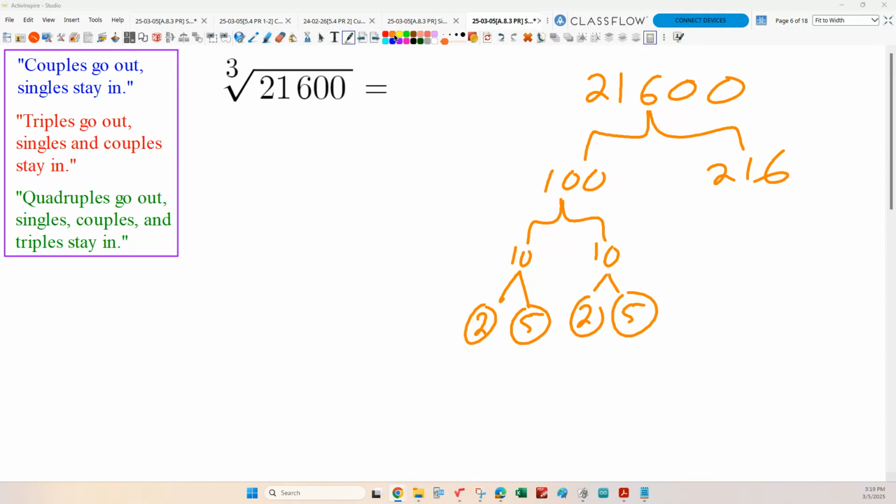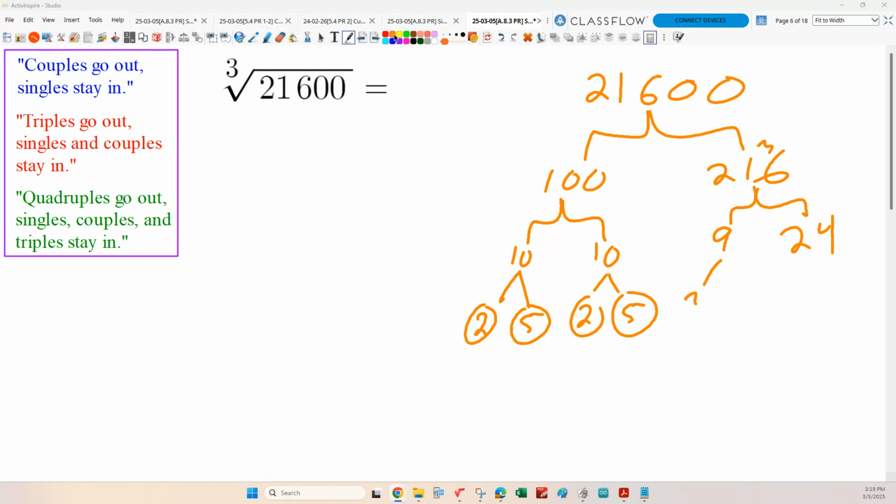How about 216? What goes into 216? 3. I could even do bigger. Okay, something even bigger. 9. Because 2 plus 1 plus 6 is 9. The sum of the digits is 9, which is divisible by 9. Okay, so we could break this into 9 and what? Well, 9 goes into 21 2 times with 3 left over. 9 goes into 36 4 times, right?